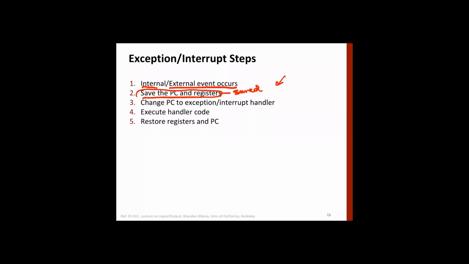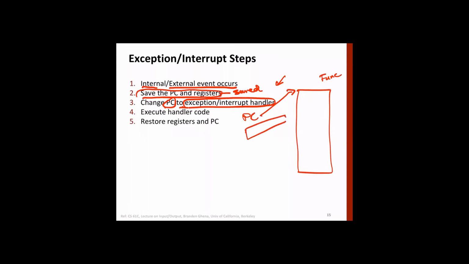And the program counter now changes to the start of the exception or interrupt handler. So the interrupt handler is a routine or a process or a function. Okay, and then the PC will be changed to the beginning of that. Of course, this is very simplistic, but also information will go about what exactly this interrupt is about.